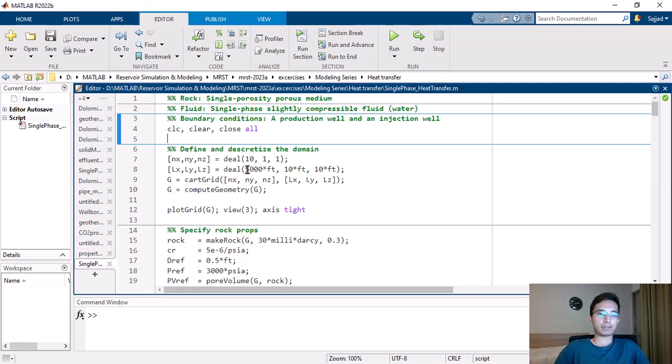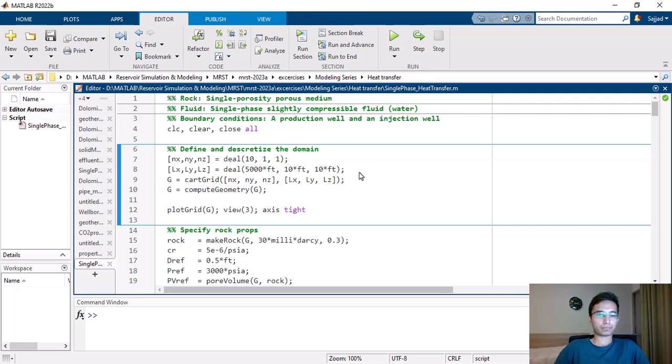And the total length of the model is 5,000 feet, and the total width is 10 feet, and the total height is 10 feet. But this 10 feet is the size of this single cell. But for this one, it's different. It's 5,000 feet for 10 cells. And so each cell is 500 feet.